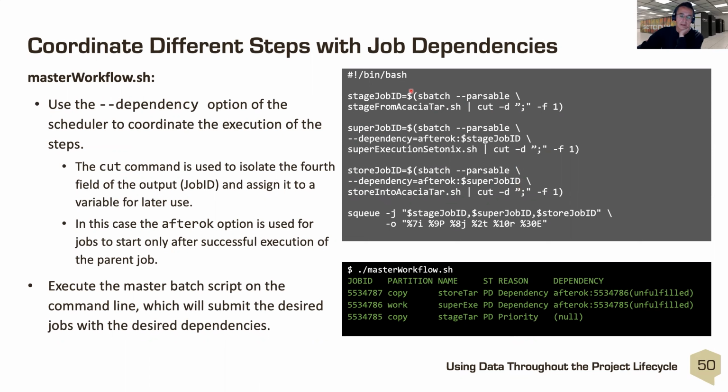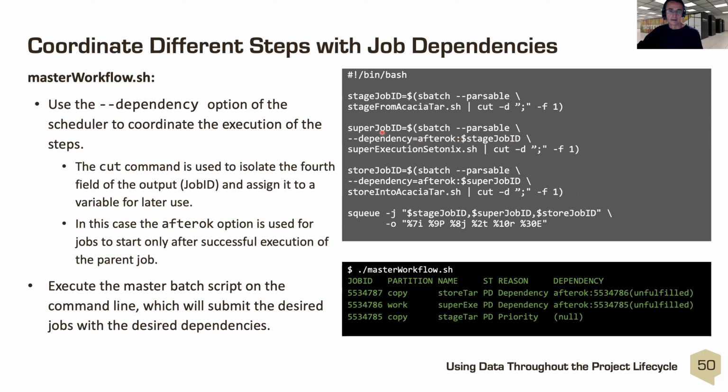So basically, for doing that, when you submit them, you need to use the dependency option of Slurm. With this dependency, in this case, for example, we are using --dependency=afterok: and the job ID of the previously submitted job.